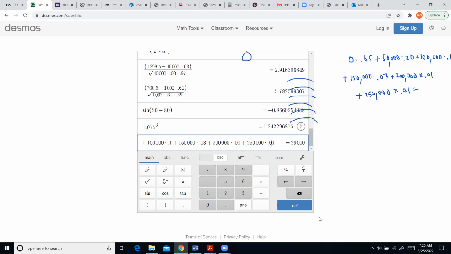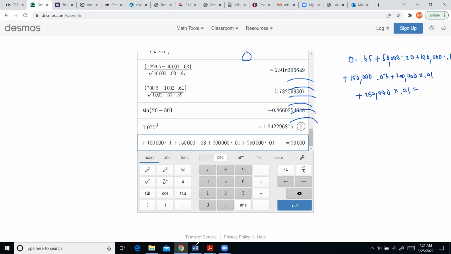So here it is with this type of question. It looks like here's my entire entry that I produce. So $0 is 0.65 probability, 50,000 is 0.20. So just double check. And then we have 0.1, and then 0.03, and then 0.01, and so forth. So it looks like it's 29,000.